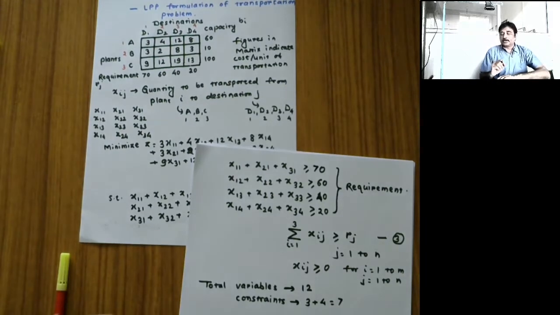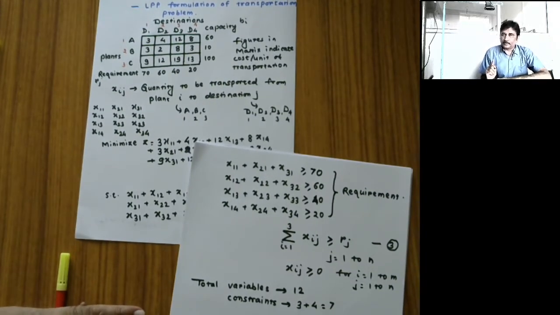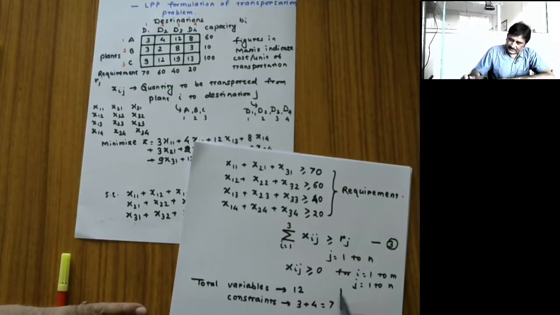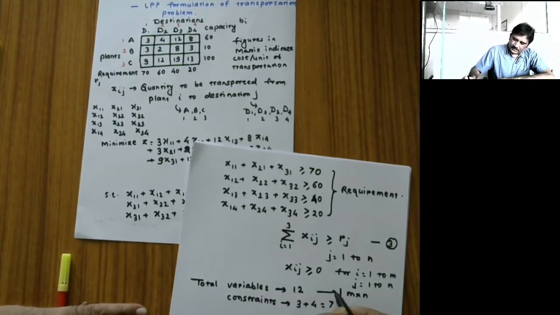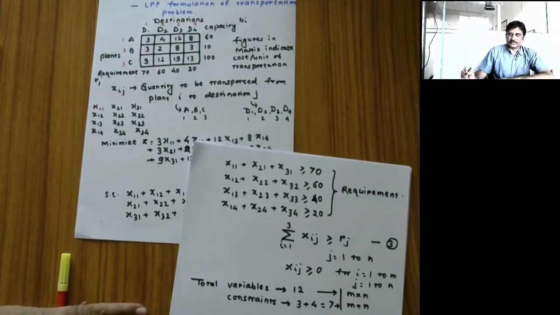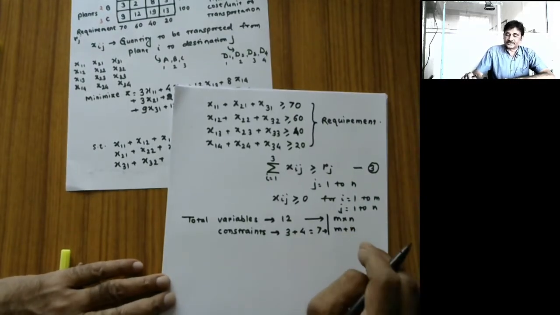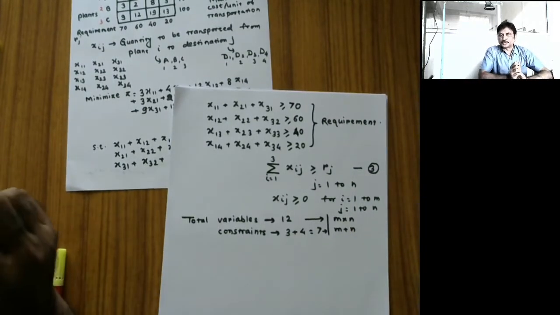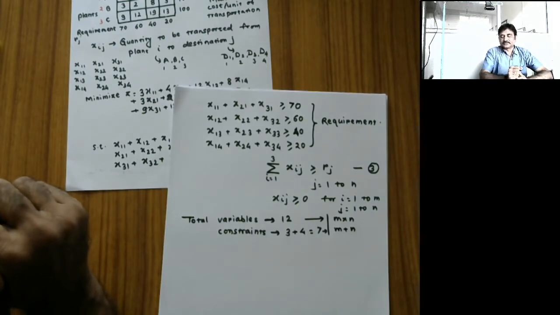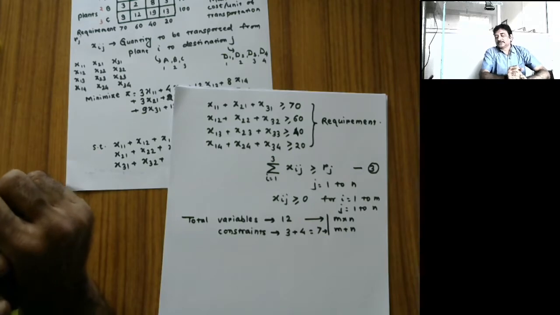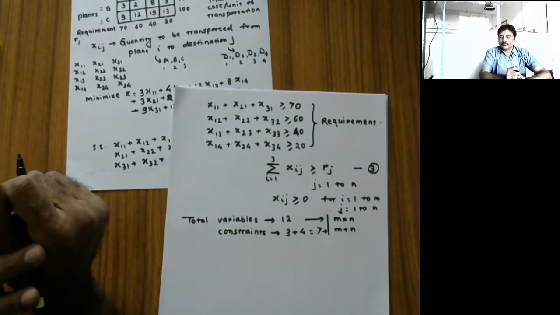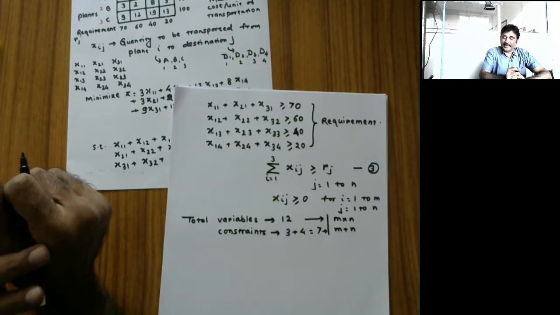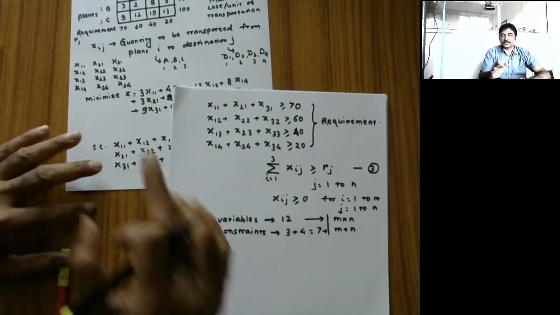So the number of constraints is equal to the number of plants plus the number of destinations. In any generalized transportation problem, the number of variables is equal to m into n, and the number of constraints is equal to m plus n. This is the LPP formulation of the transportation problem.